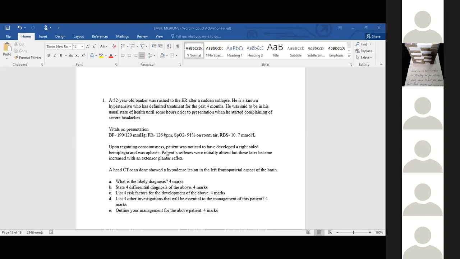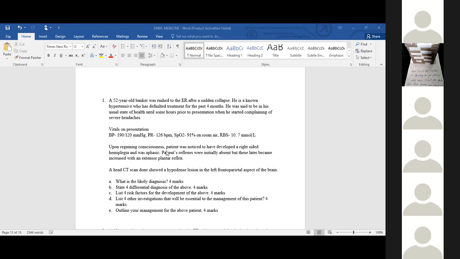And of course, once you make a diagnosis of CVA, you should also be thinking of other things. And that's where differential diagnosis comes in, because it's possible that it's a CVA per the history and whatnot. But then, what if it's not a CVA? What else could it be? What else can also give you some sort of focal neurological deficits?